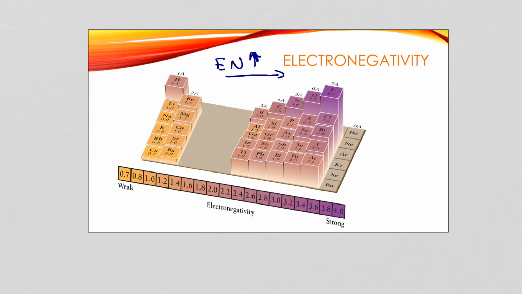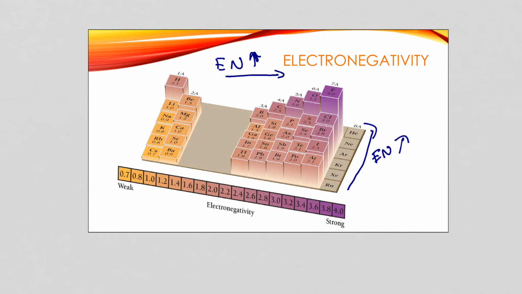As we go up a column, the electronegativity gets higher. So as you go left to right across a period, electronegativity gets bigger. As you go up a column, electronegativity gets bigger. Or if you want to think about it going down a column, the electronegativity gets smaller.